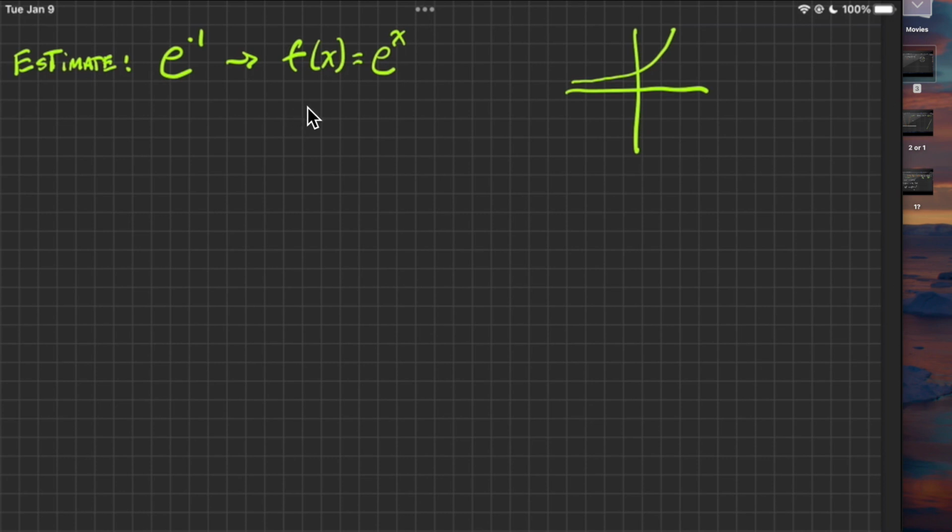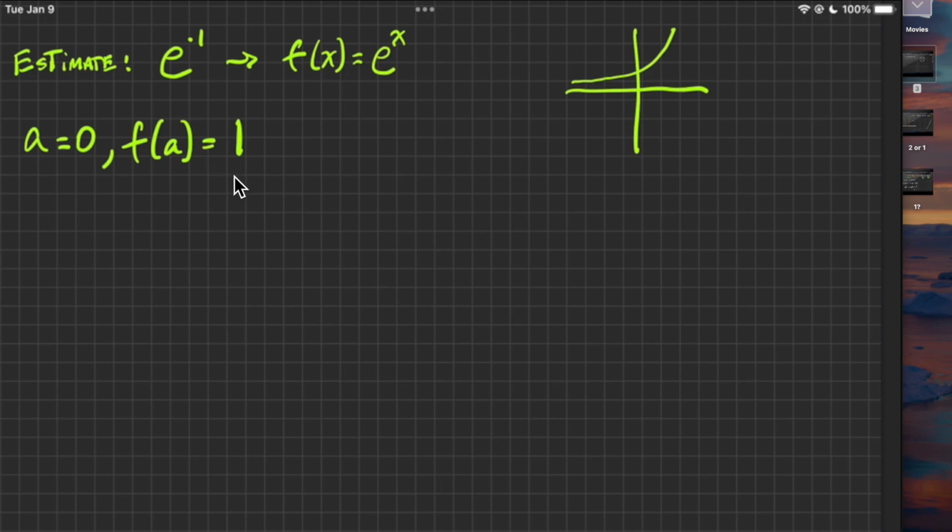Folks, the first thing we're going to do is pick an easy a value. So you could see e to the 0 power is just 1. So we're going to choose an a value of 0. We're immediately going to find f of a, which we just said was 1, right? E to the 0 power is 1.